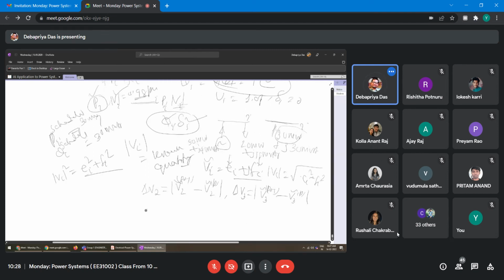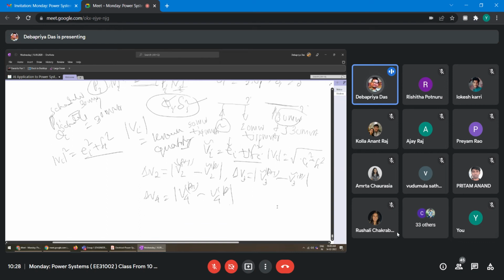Similarly, this one will be V4 at P plus 1 minus V4 at P, right? So delta V2, and this is also a phasor quantity, but you are taking the absolute value of this, so it will be a real quantity.